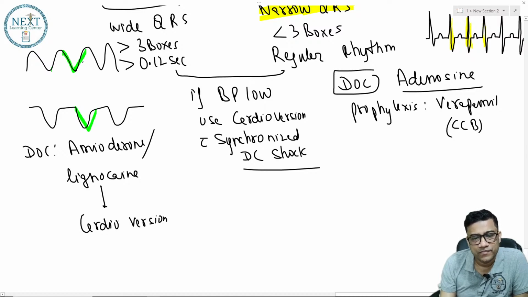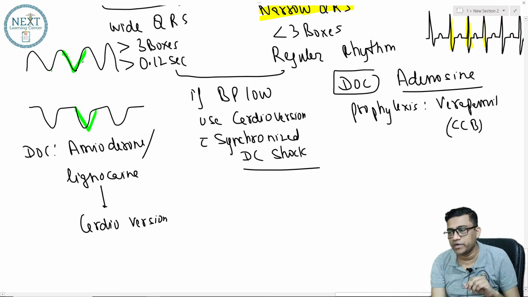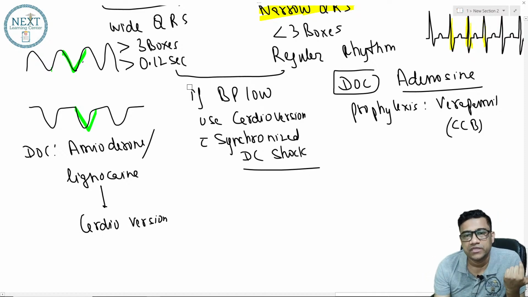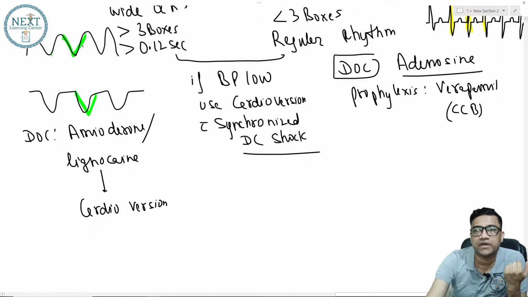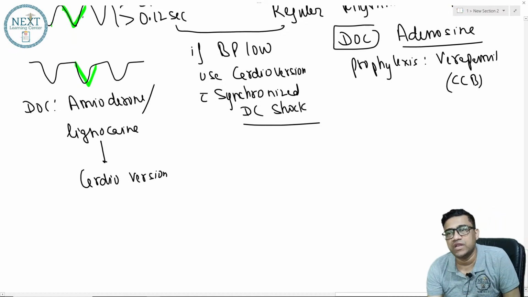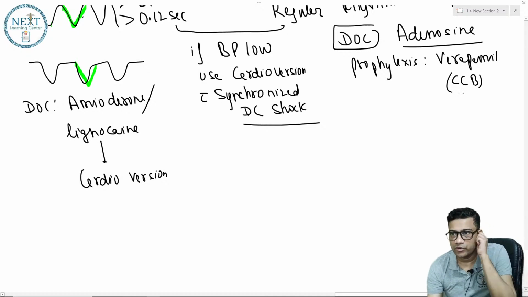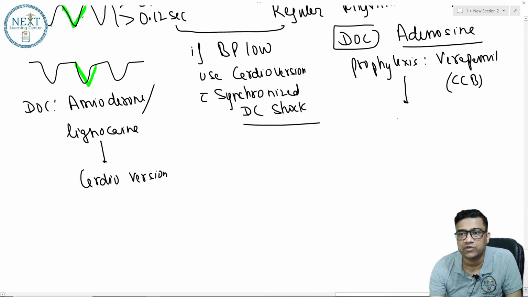So the rule is, if the person is not responding in both scenarios, the final and last treatment becomes cardioversion. If not working, here also, we can go for cardioversion.